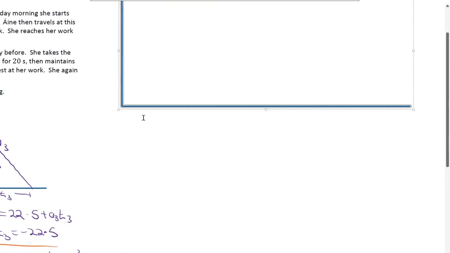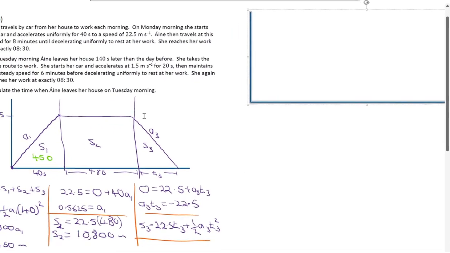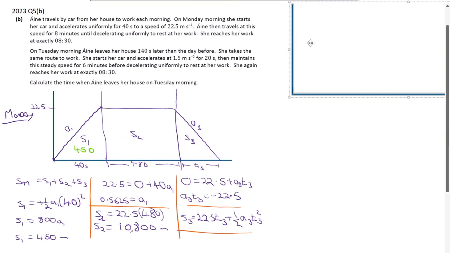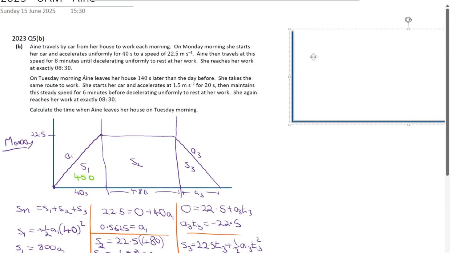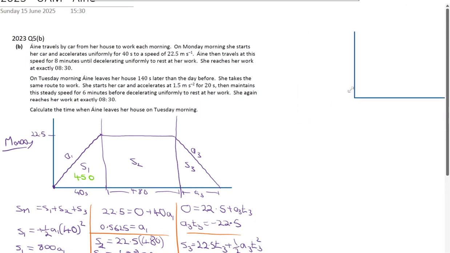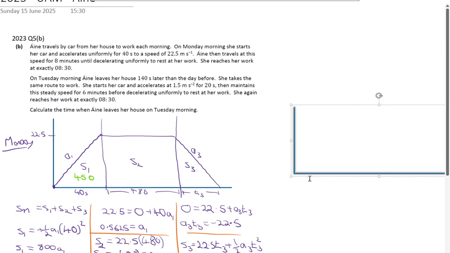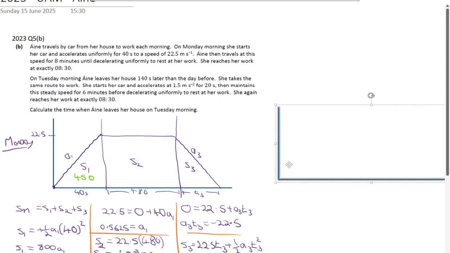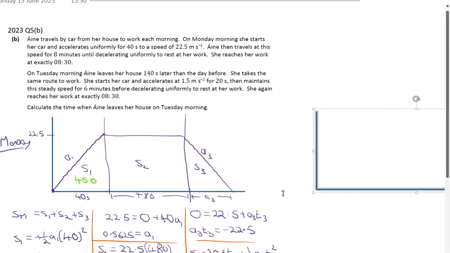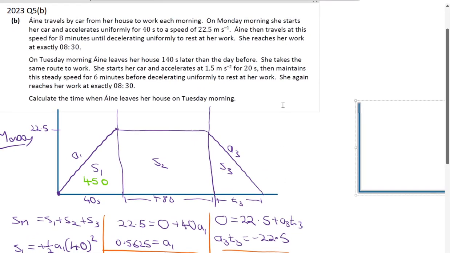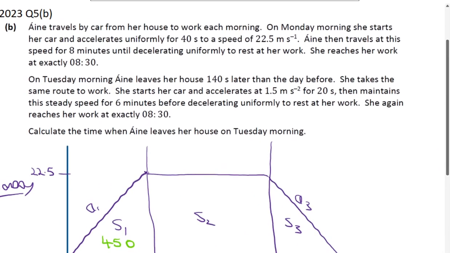So we're going to have a look at Tuesday now, and I'm just going to pop Tuesday into the side so we can see that it's very similar. So let's problem solve Tuesday. So, wait a minute, she leaves her house 140 seconds later than the day before. Wait, I didn't spot that the first time.